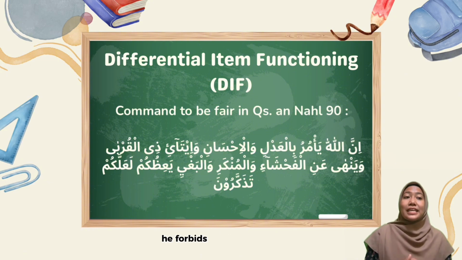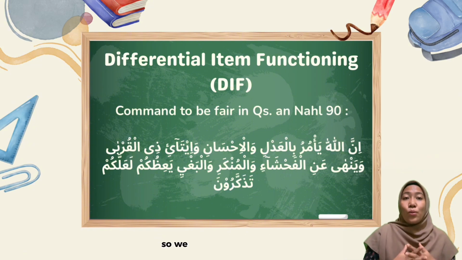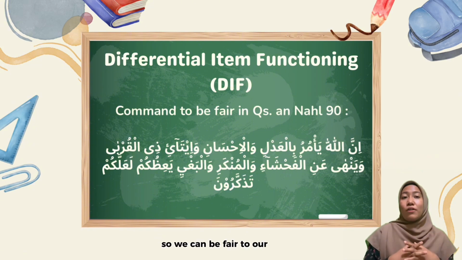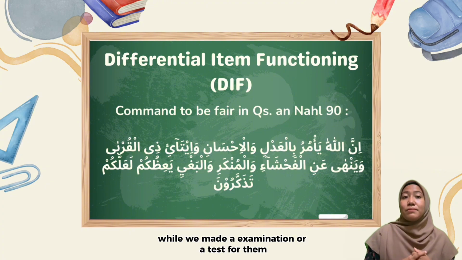He forbids indecency, wrongdoing, and aggression. He instructs us so that perhaps we will be mindful, so we can be fair to our students while we make an examination or a test for them.